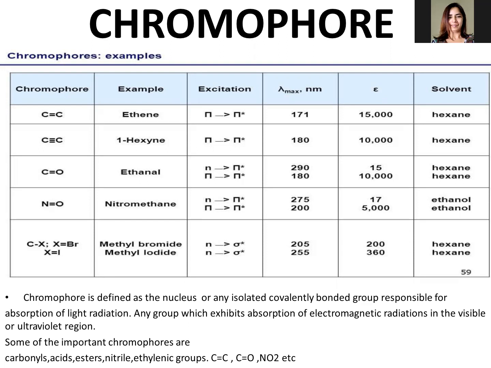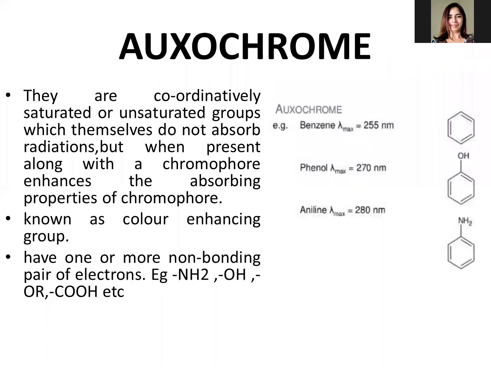Then there is another term known as auxochrome. These are saturated or unsaturated groups which themselves do not absorb radiation, but when present along with the chromophore, they enhance the absorbing property of the chromophore. They are also known as color enhancing groups.